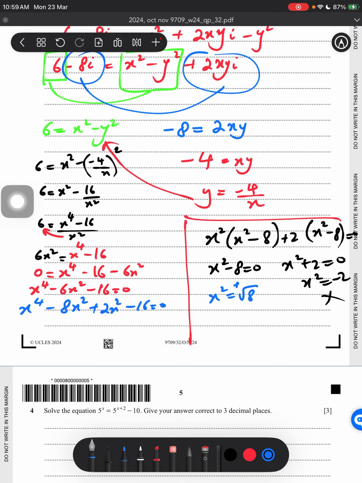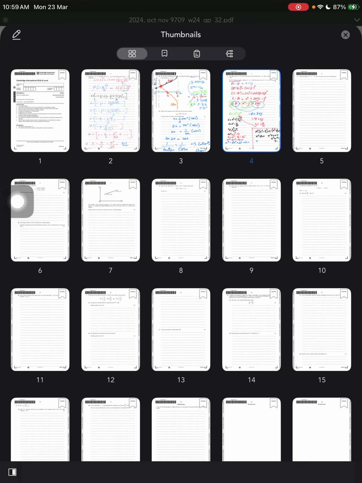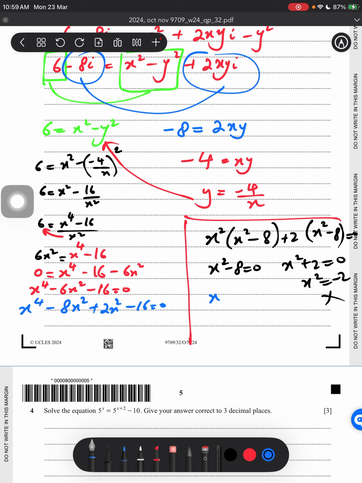We can directly take the square root, so you'll get plus minus root 8, or we can just simplify that.